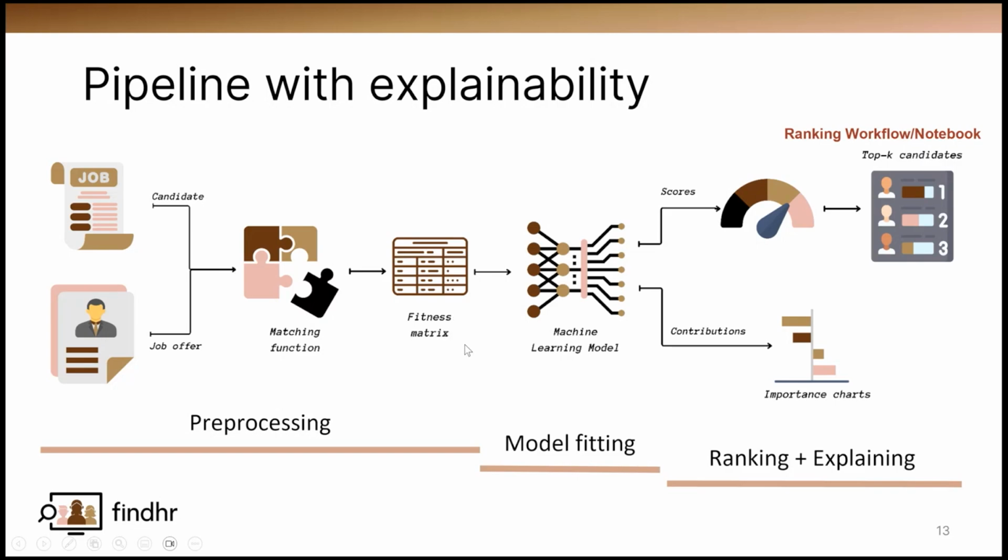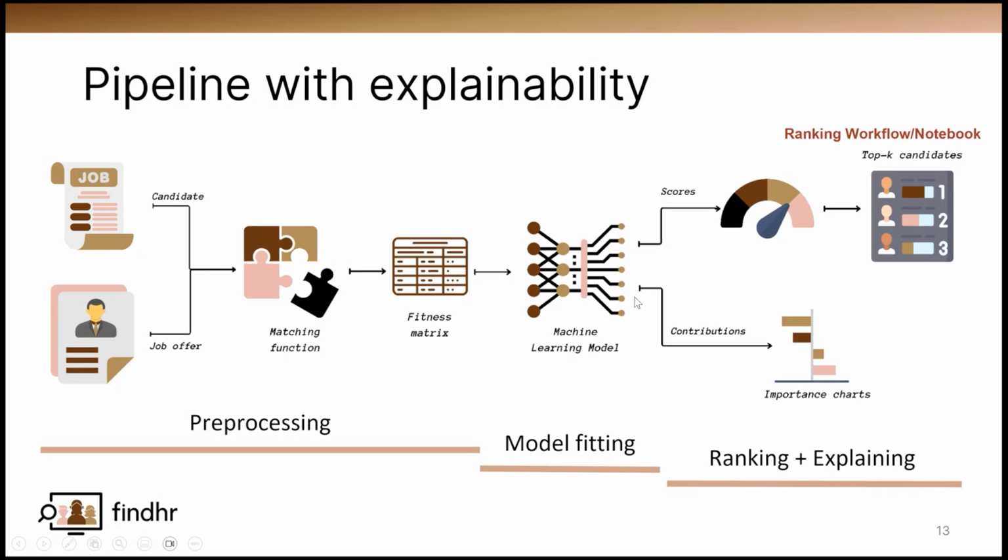This fitness matrix, together with the historical score of the candidate for that job offer, is given in input to train a machine learning model, which learns to rank based on the score given the observed fitness matrix features.